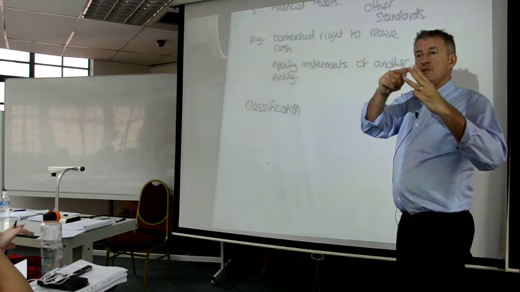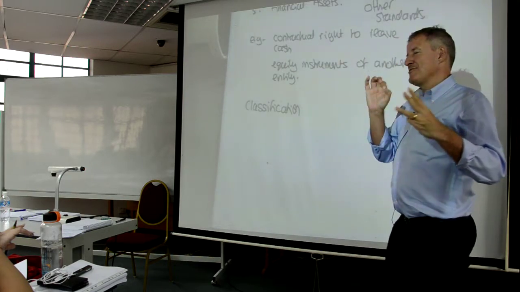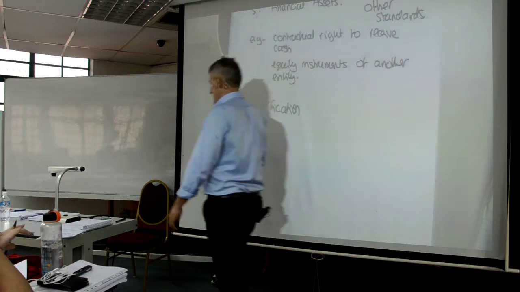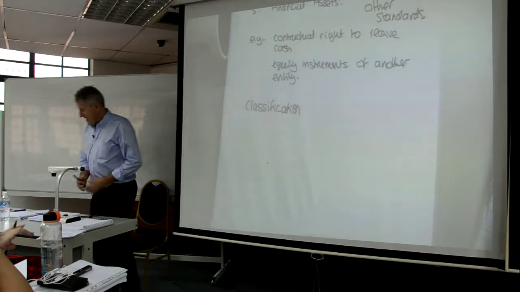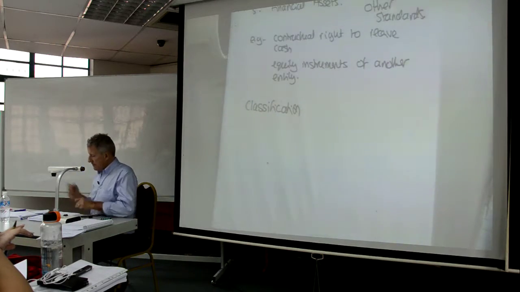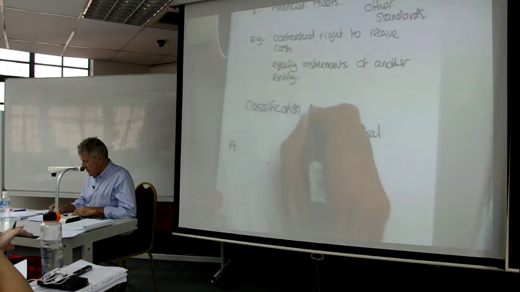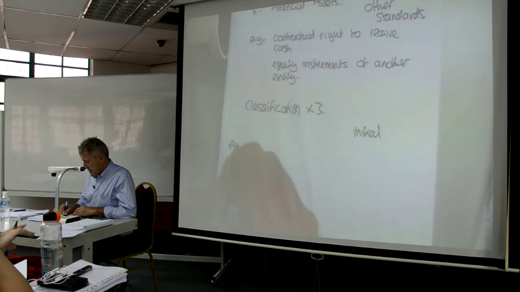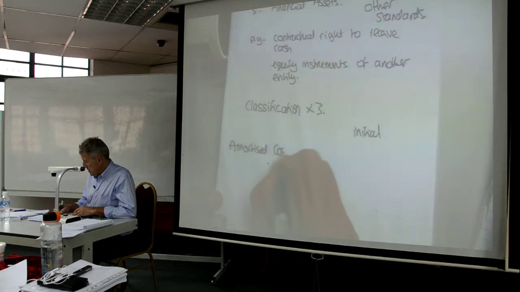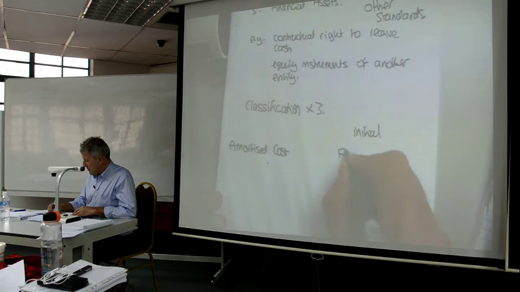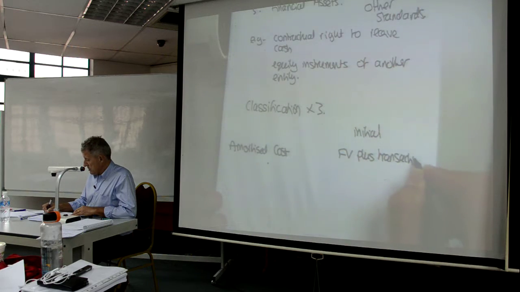And each of those has a slightly different recognition. So let me see if I can be neat. There are three categorizations. The first categorization is amortized cost, and that would be initially recognized at the fair value plus the transaction cost.